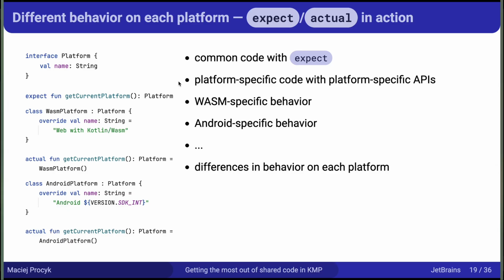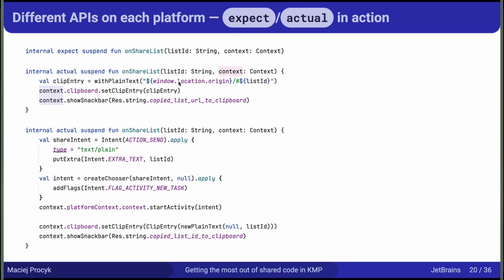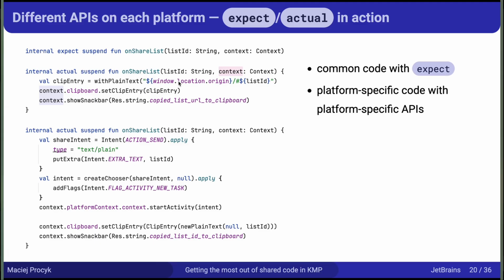Yeah, what's done there is getting the custom behavior for each of the platform targets. But what we can do more is not only get custom behavior, but also, during this procedure, make use of the platform-specific APIs. So in this example, which is part of my shopping list application, we have an expect function, which will be called from the common code, which is about sharing the created list with other users.